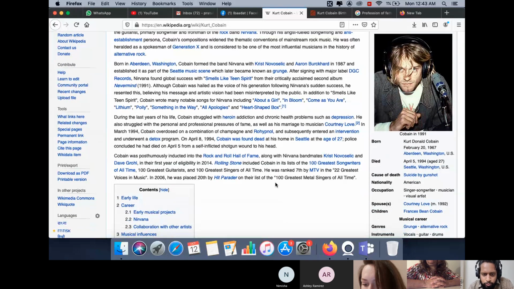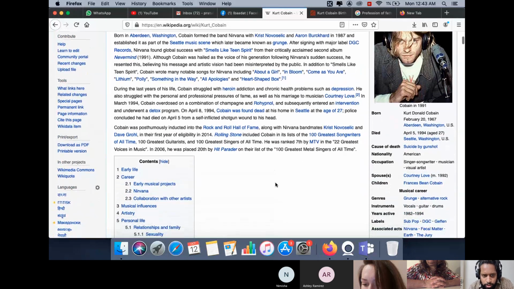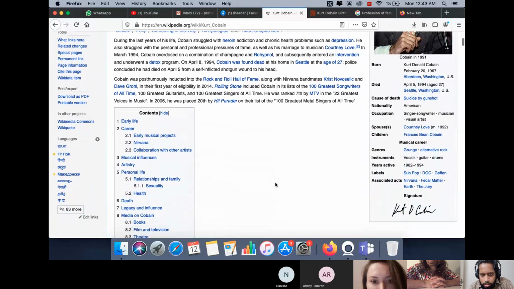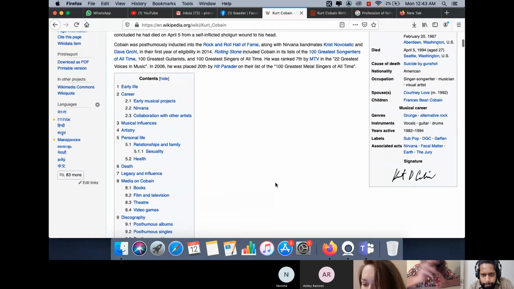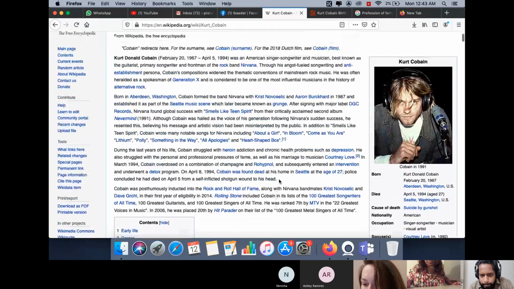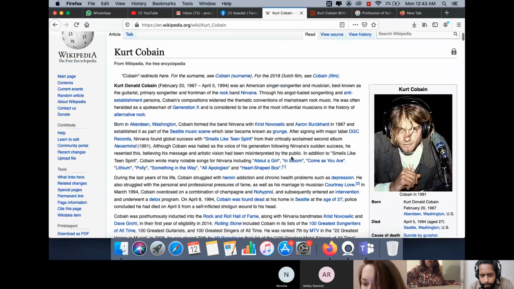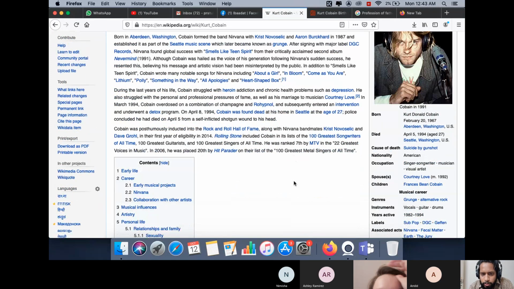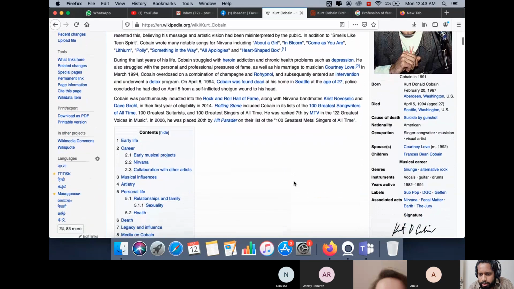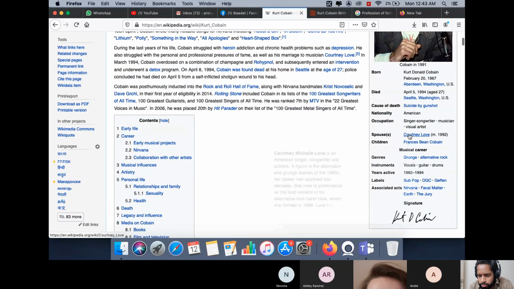Self-inflicted shotgun wound to his head. So what were we searching for? Sorry, I really forgot, it slipped from my mind. Okay, two marriages, no? So he has only one spouse.